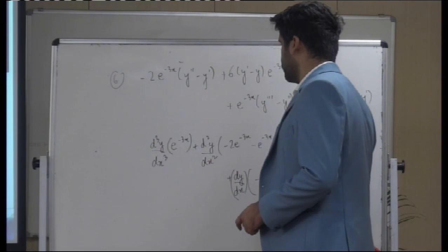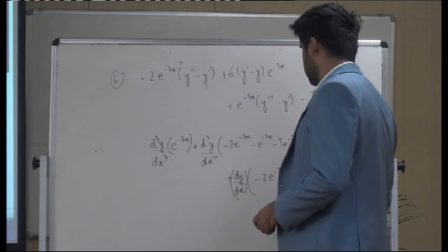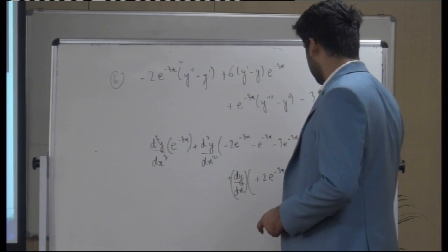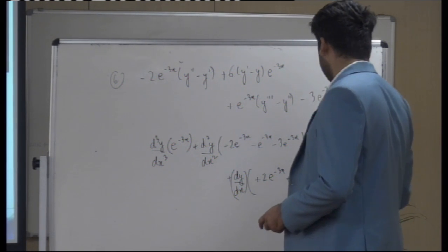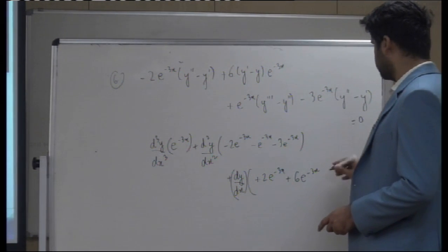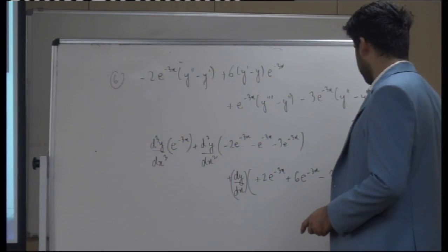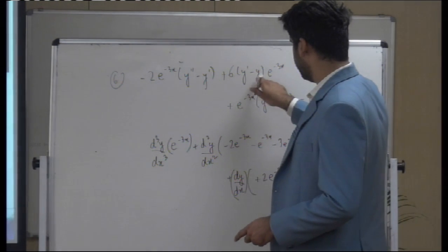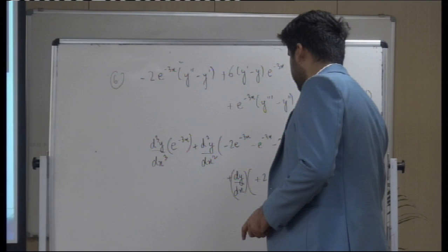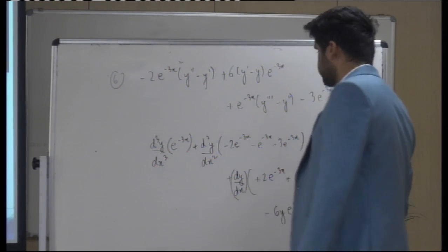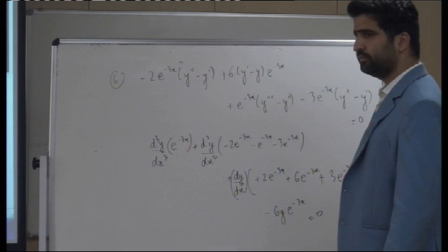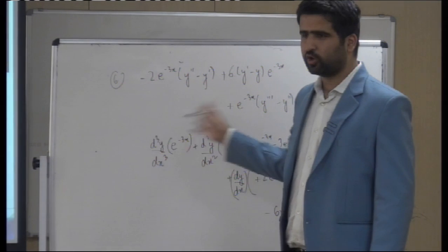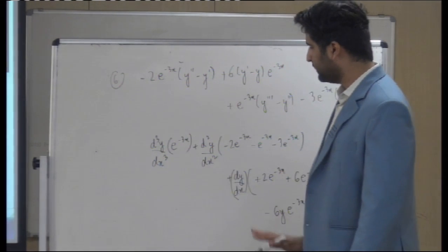So minus 2 e to the power minus 3x, okay, this will be plus here, minus, okay, plus 6 e to the power minus 3x, and this term minus, this is also plus, and the only y term, this one, is equal to 0, right? So this e to the power minus 3x will be common from all of these, and we can cancel this out, and this will reduce to a very simple equation.